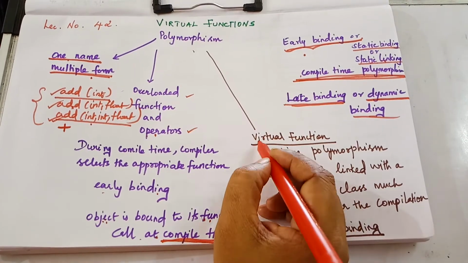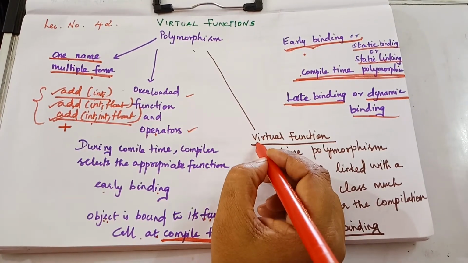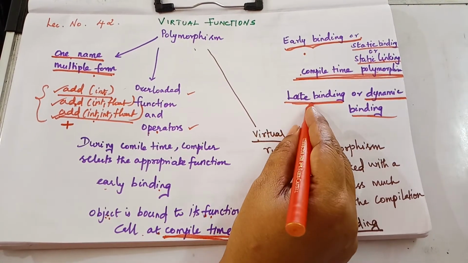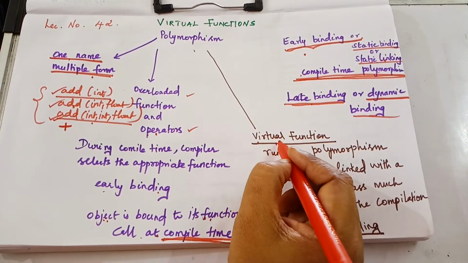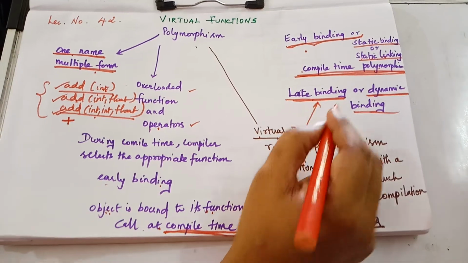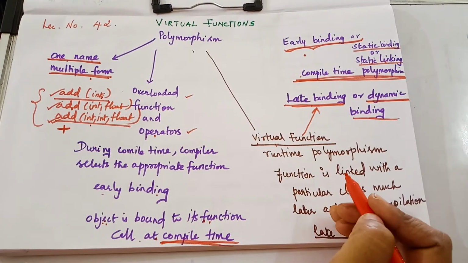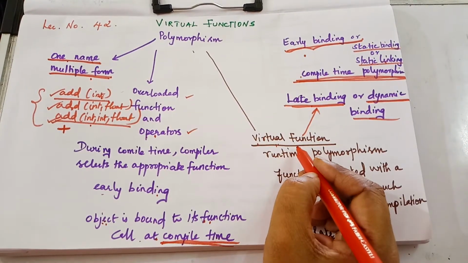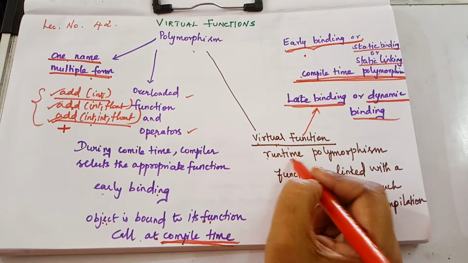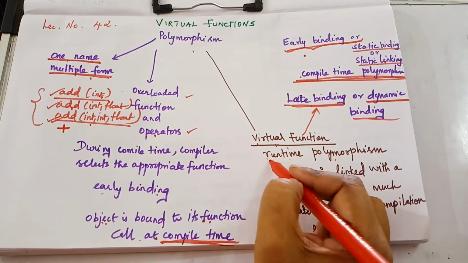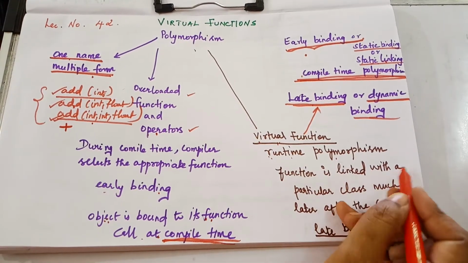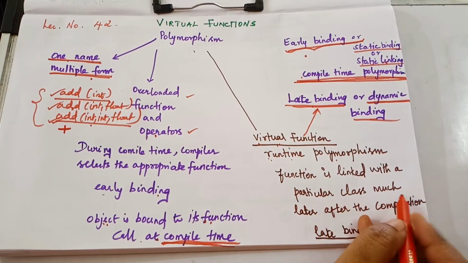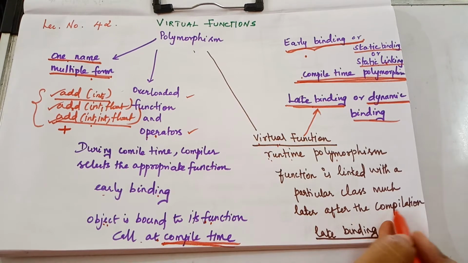Late binding or dynamic binding is the concept used here in virtual functions. Another name is runtime polymorphism. That is, the function is linked with a particular class much later, after the compilation.